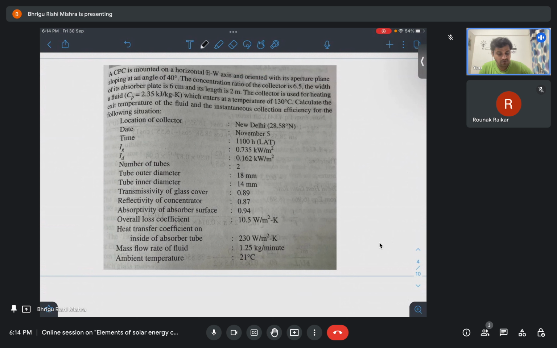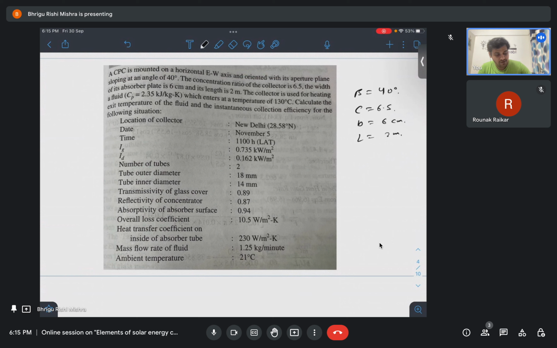A CPC is mounted on a horizontal east-west axis and oriented with its aperture plane sloping at an angle of 40 degree, so beta is given as 40 degree. The concentration ratio of the collector is 6.5, so C is also given. The width of the absorber plate is 6 centimeter, that means B is given, and its length is 2 meter, that means L is also given.